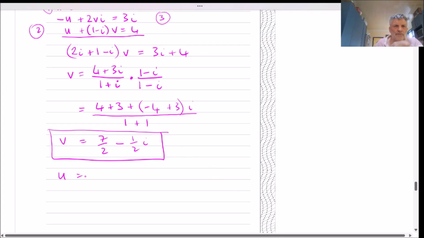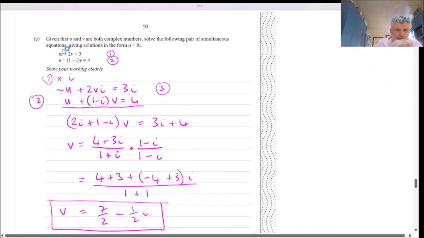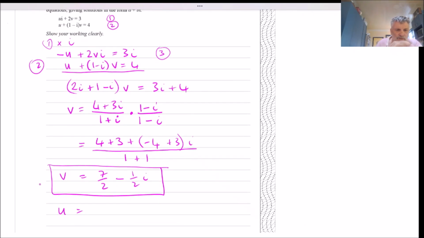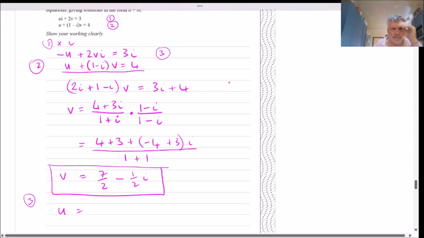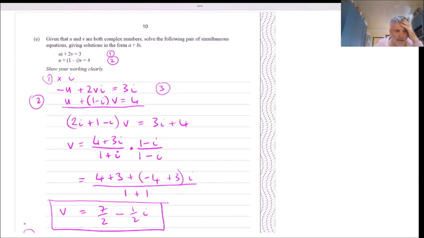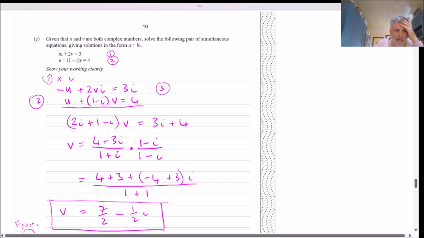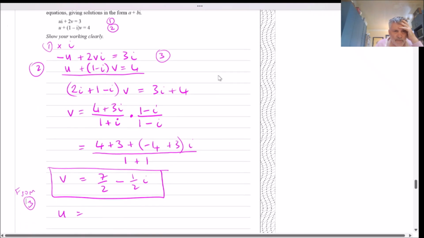And then to find u, we've just got to use one of the other equations. I suggest this equation 3 is a good equation to use. From equation 3, we can get u is equal to 2vi minus 3i.